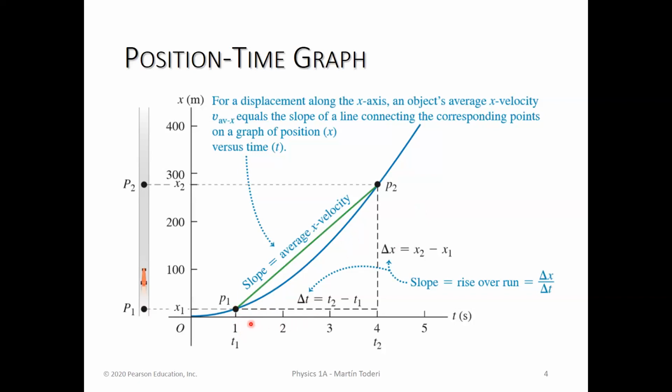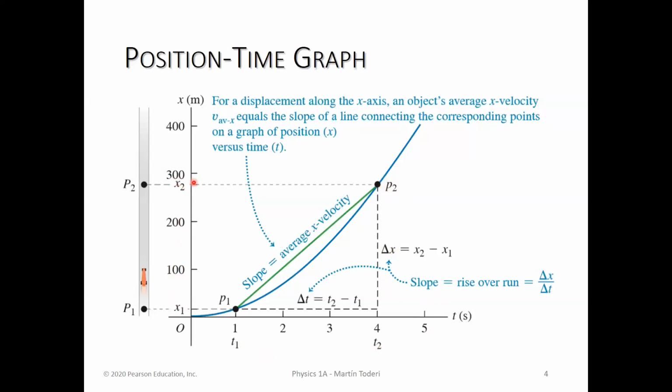So if we take these 2 points P1 and P2, we can say that the slope of this straight line is the average velocity, because remember, we're calculating the average velocity as delta x over delta t. So we'll have delta t down here, like t2 minus t1, and then we have delta x with the displacement axis.